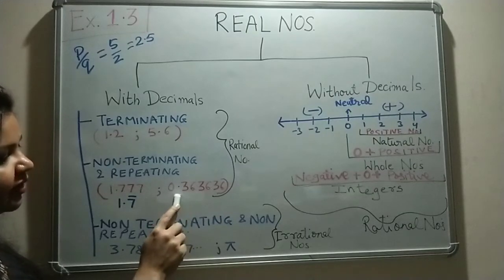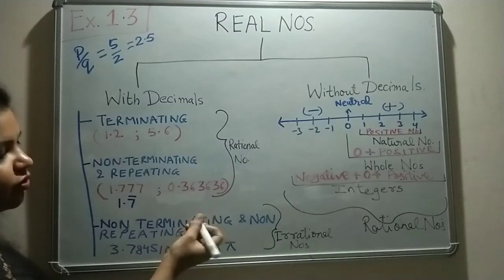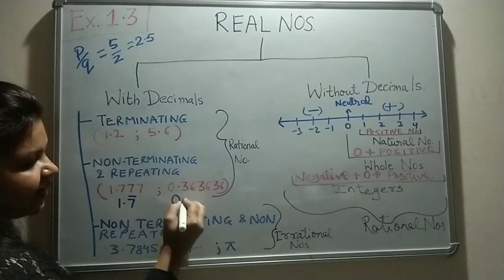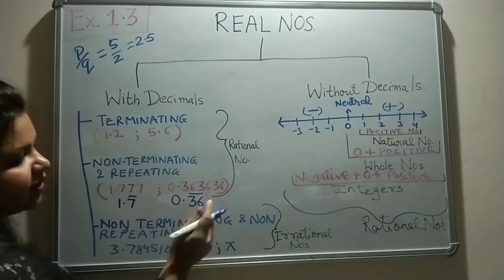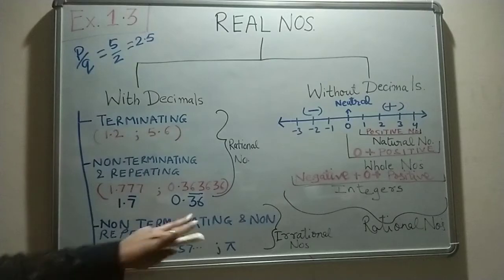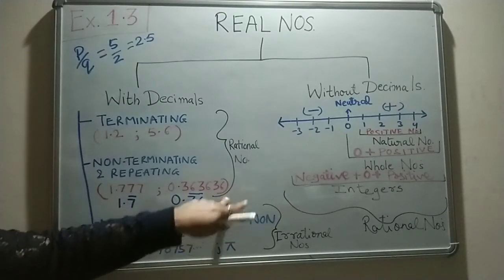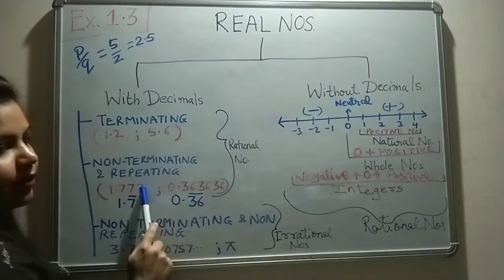You will see that 36 is repeating itself, so we can write it as 36 bar. After 6, the next digit is 3, then 6, then 3, then 6. Till here, all these numbers which I have discussed are rational numbers.